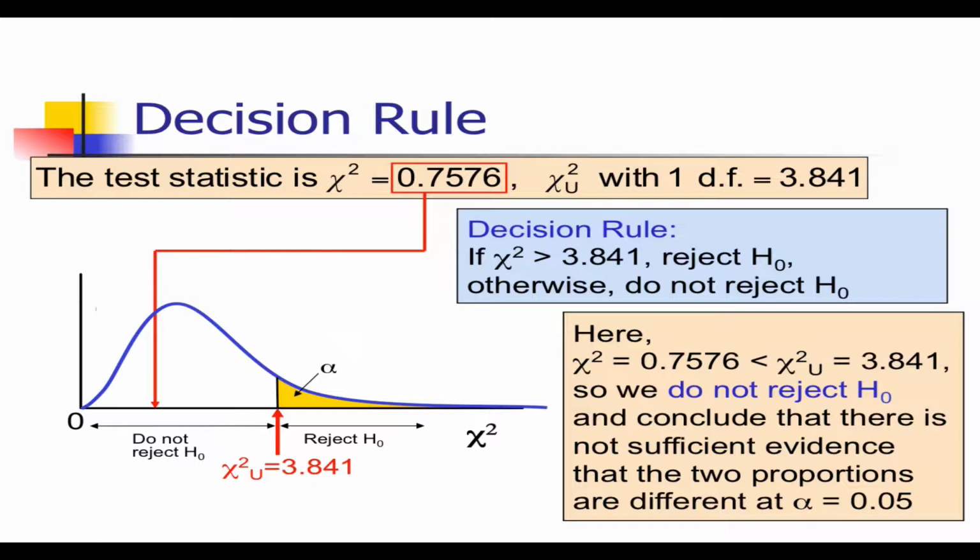So if you have k columns and j rows for the two variables, your degrees of freedom is k minus 1 multiplied by j minus 1. For a 2 by 2 table, that gives you degrees of freedom equal to 1, because it's 2 minus 1 multiplied by 2 minus 1. So for a 2 by 2 table, when you use a chi-square test, you compare to a chi-square distribution with 1 degree of freedom.